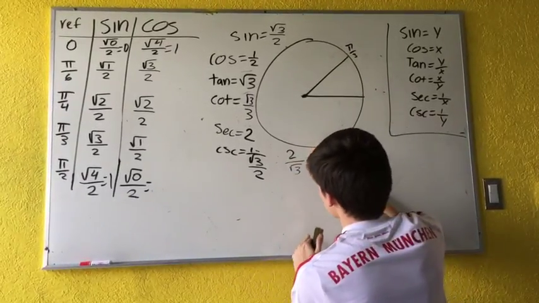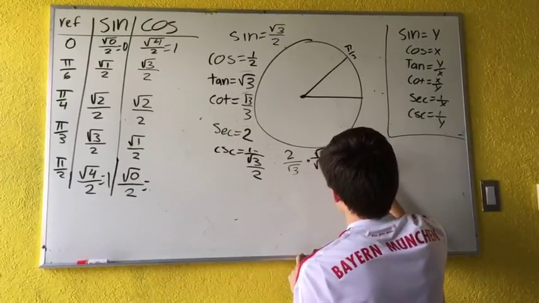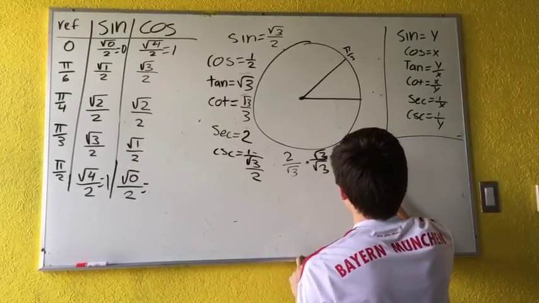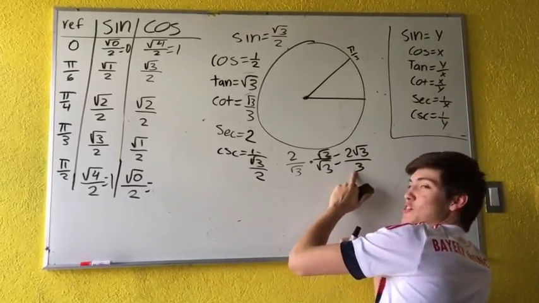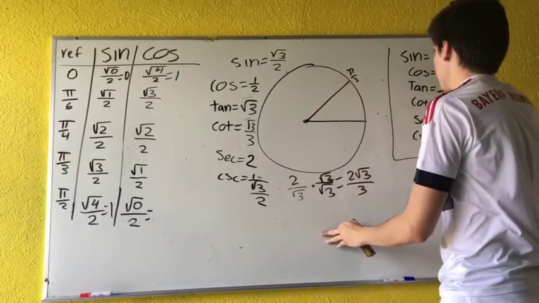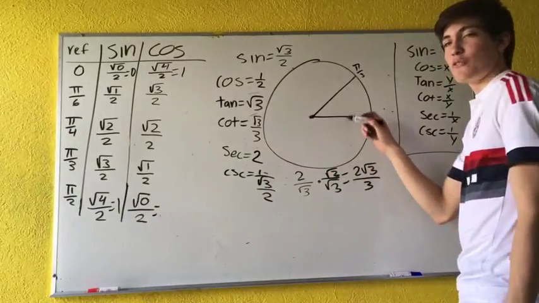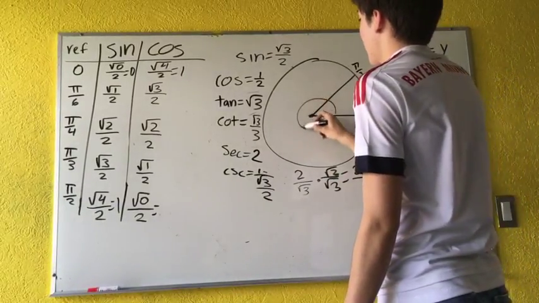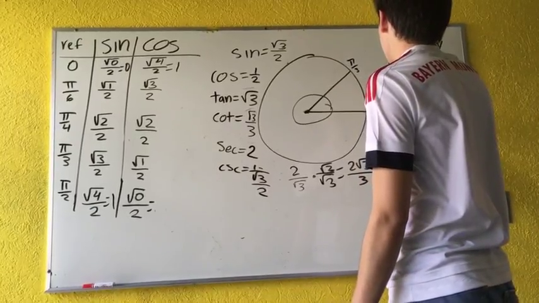We solve this, and that's the result. This is the cosecant. Well, we have all the 6 trigonometric functions, and this is the same process for all the angles smaller than 2 pi.